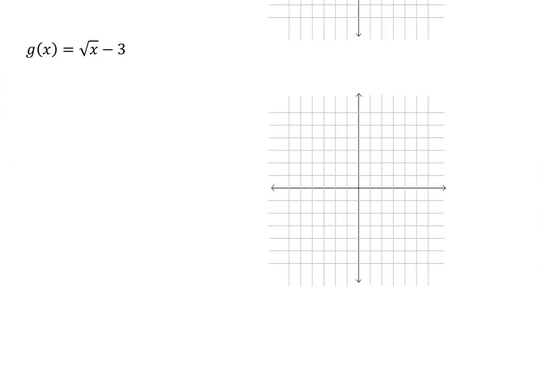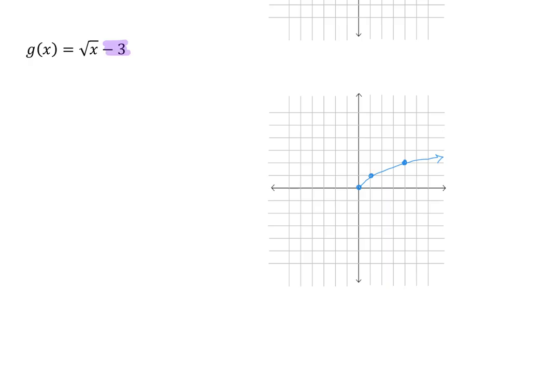Okay, when we graph this, we have 0, 0, 1, 1, and 2, 4. All right, when I look at my new function, my minus 3 is on the outside.